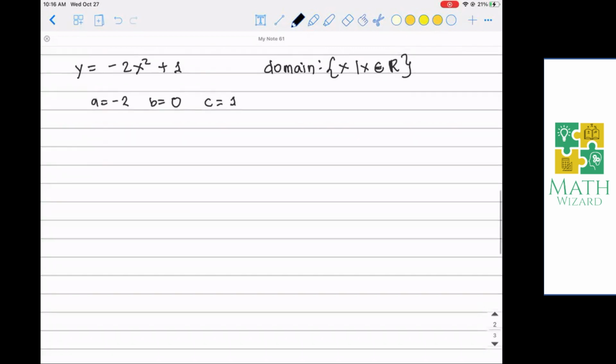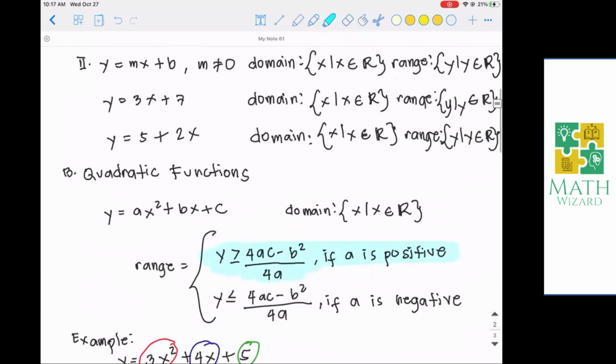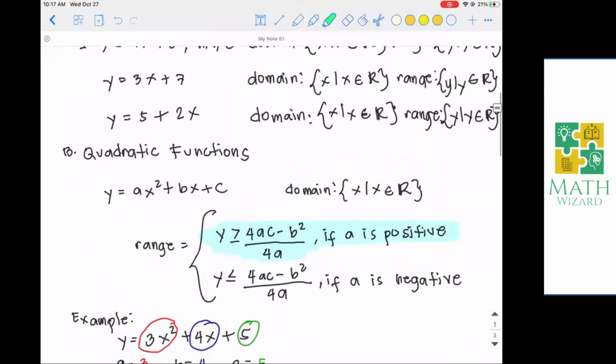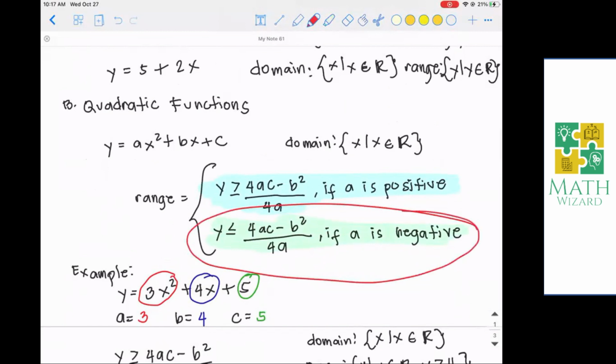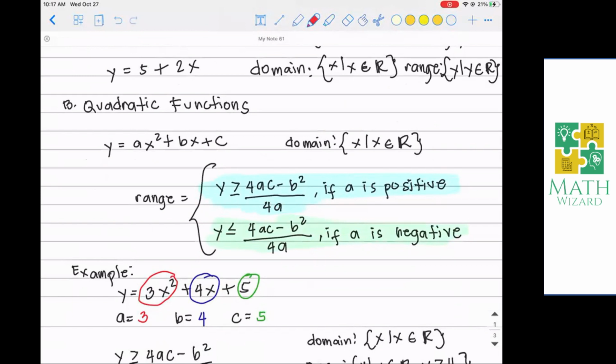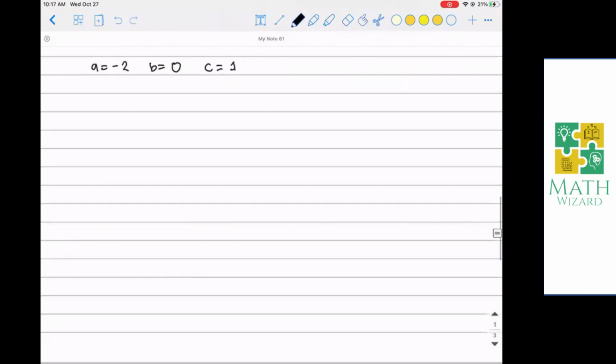It's negative. When A is negative, we use this formula: y is less than or equal to (4ac minus b squared) over 4a.